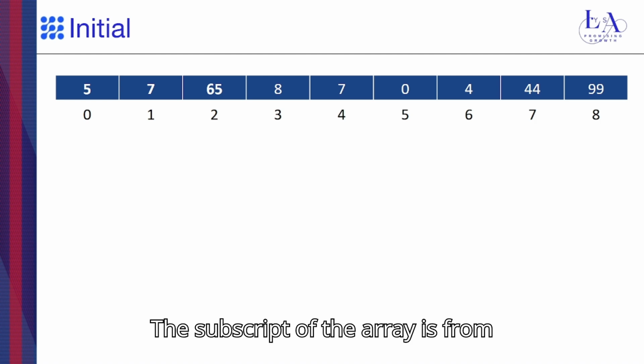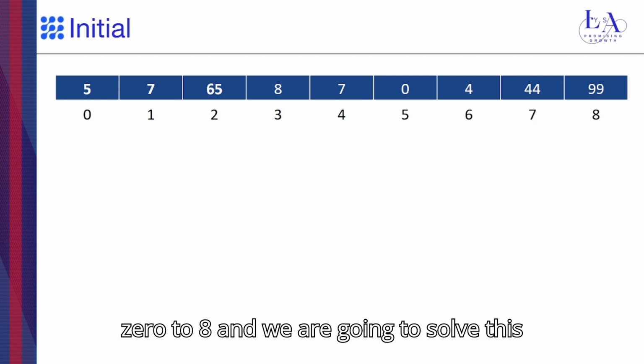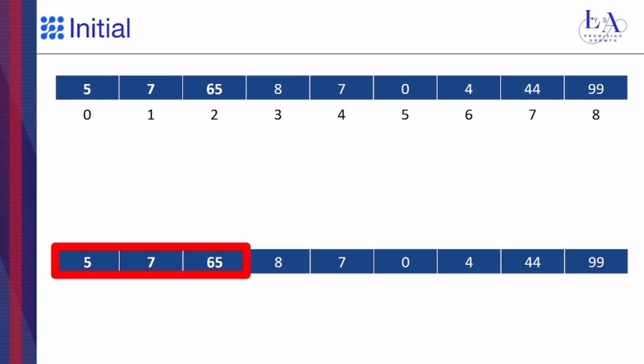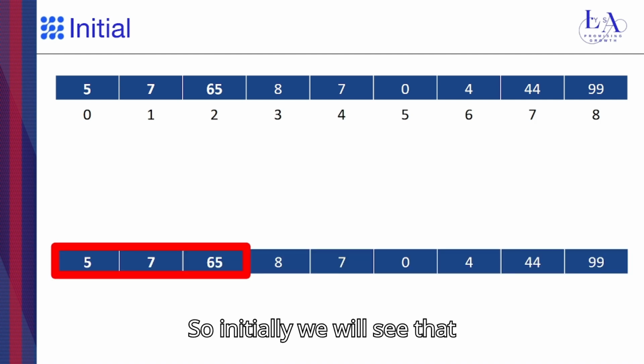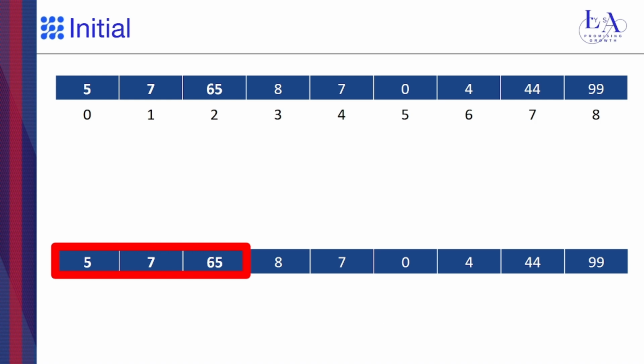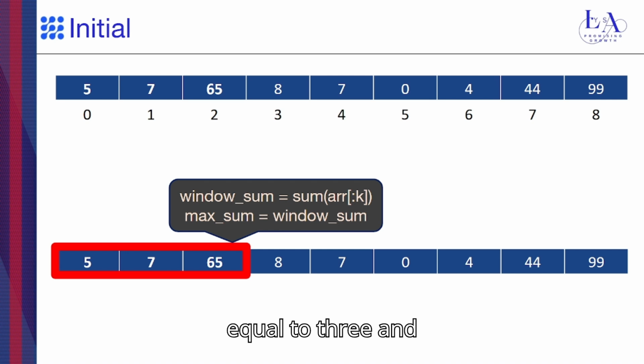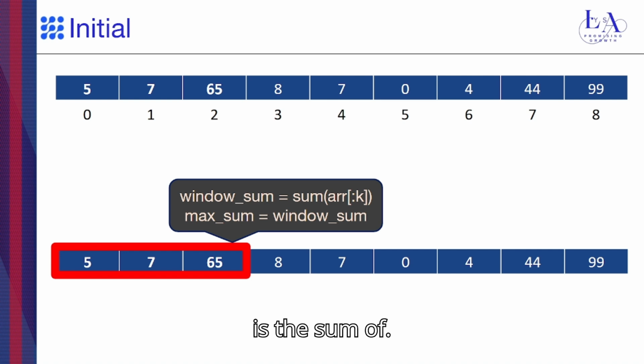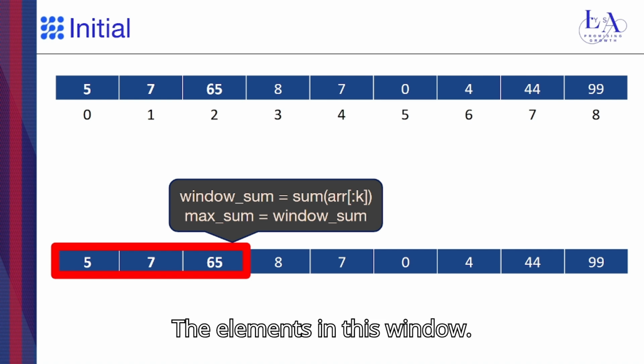The subscript of the array is from 0 to 8 and we are going to solve this problem using Python. So initially we will see that the window is 5, 7 and 65 because our k is equal to 3. And we will say that the maximum sum is the sum of the elements in this window.